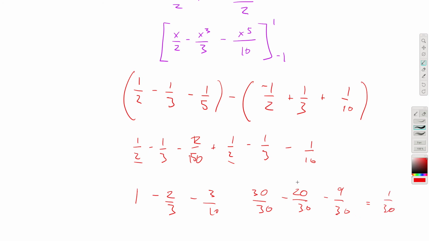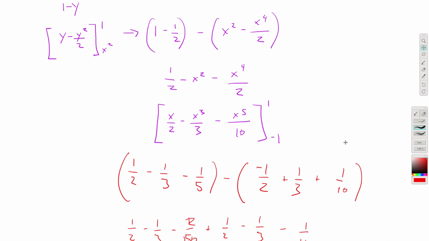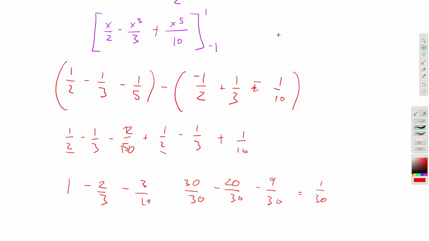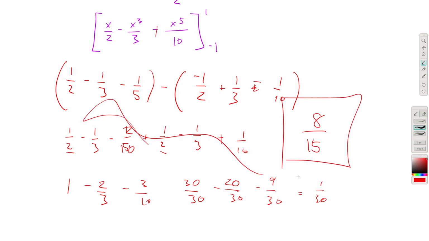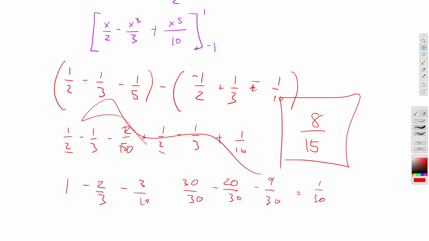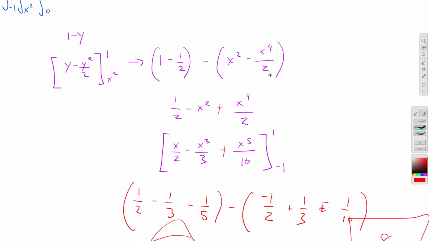Something went wrong. Oh. All right. That should have been a plus, and then that should have been a plus. Then that should have been a minus, and that should have been a plus. And then, if you do it all correctly, you get the right answer, which should be 8 on 15. But see how I said, oh, I'll do it quickly? You try to do it quickly and you screw it up. Do it properly.